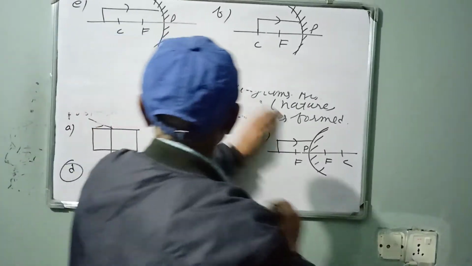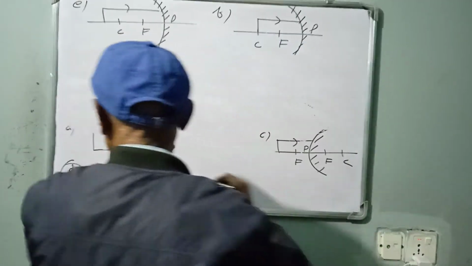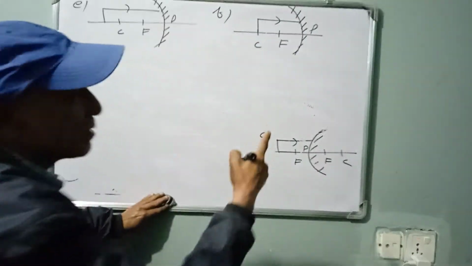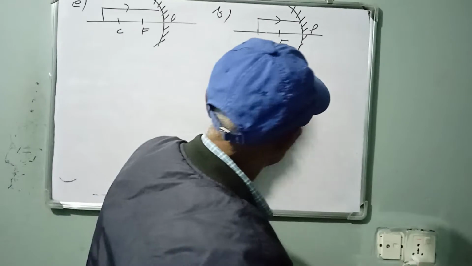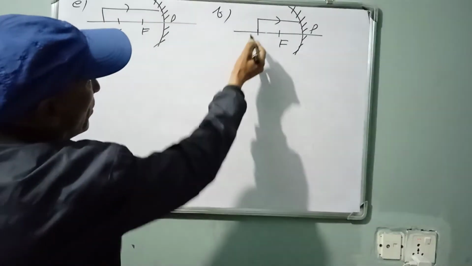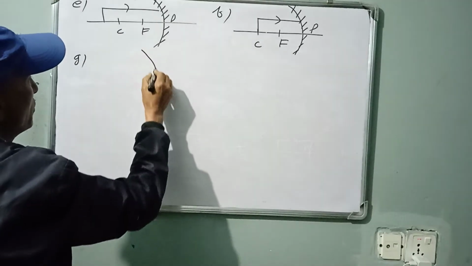F number. A real inverted and same sized image is formed at the center, same point E, F, G at C between now.